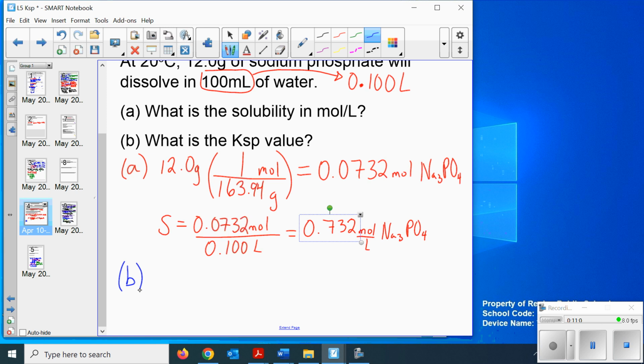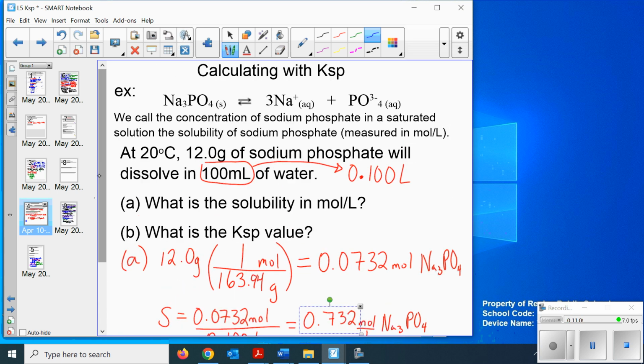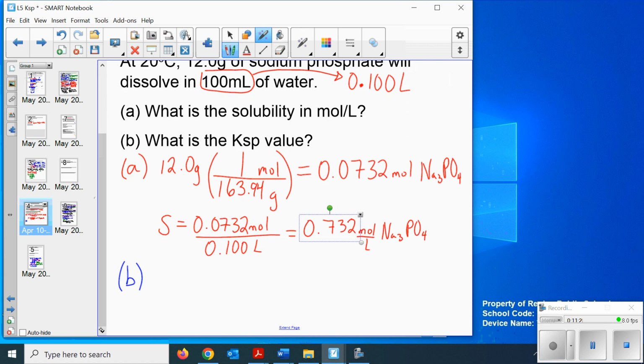Okay, the Ksp value, that means I need the Ksp expression. That means I'm going to go up to the top slide. I'm going to do it explicitly, every step. If you want to skip straight to the Ksp expression, I'm fine with it. Now, the solid does not appear, sodium phosphate. So it's really just Na cubed, PO4 to Na. I'm going to write this out. You don't necessarily have to.